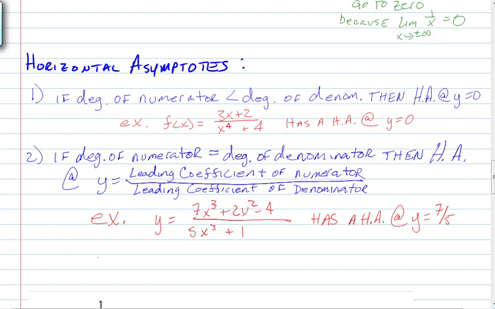Let me give you another example, because that could get confusing, and I've been known to do this too. y equals 2 plus 3x over 4x plus 1. This has a horizontal asymptote at what? 3/4. Okay.